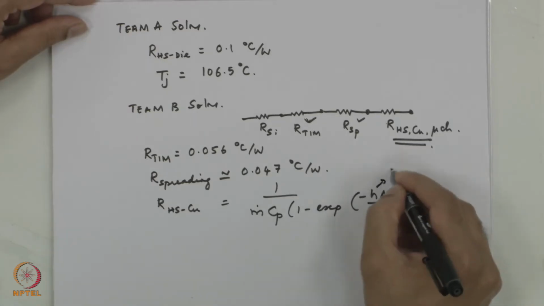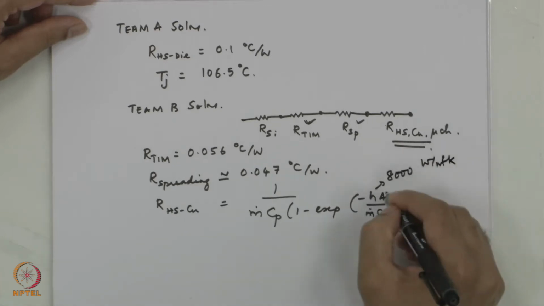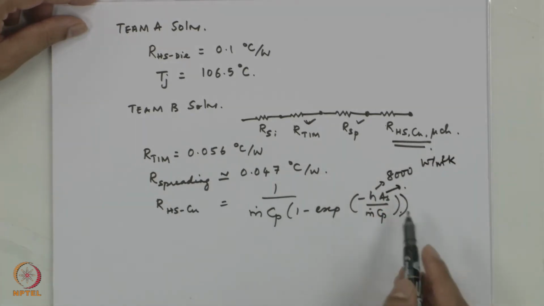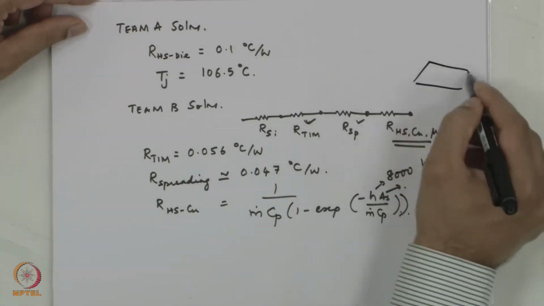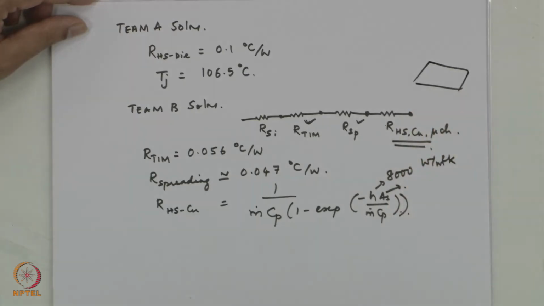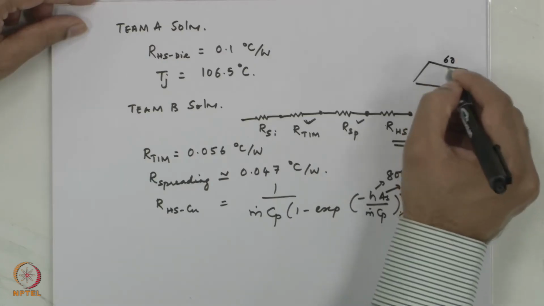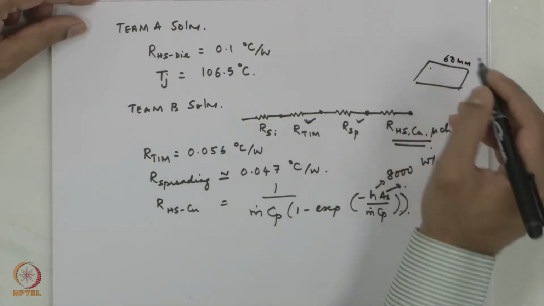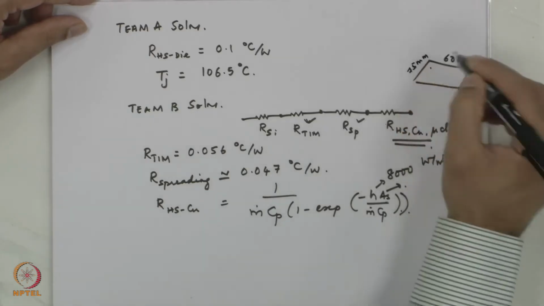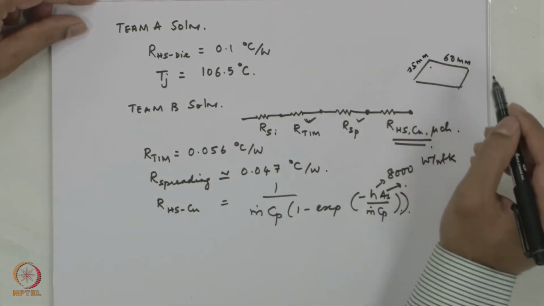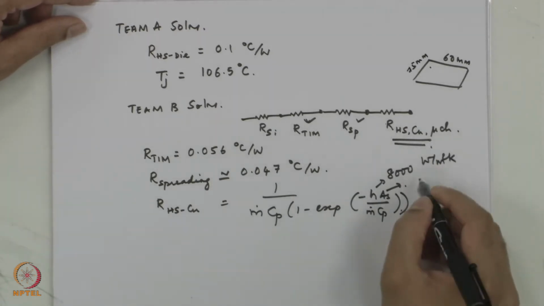This h is already known for both the cases, it is 8000 watt per meter square Kelvin, but the area is the one that changes here. Since the copper base has a flow length of 60 mm and the width is 75 mm, which is much higher, it is more than twice compared to the area of the silicon device.